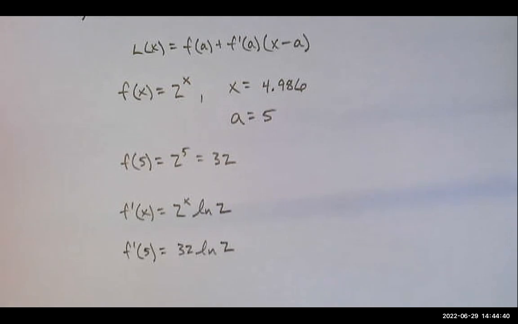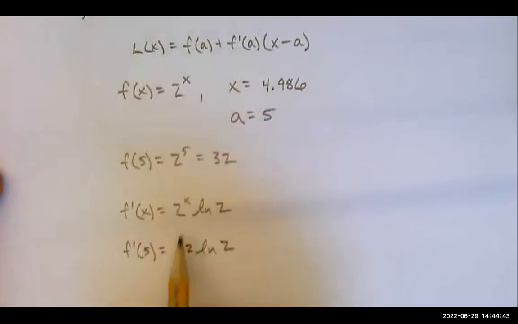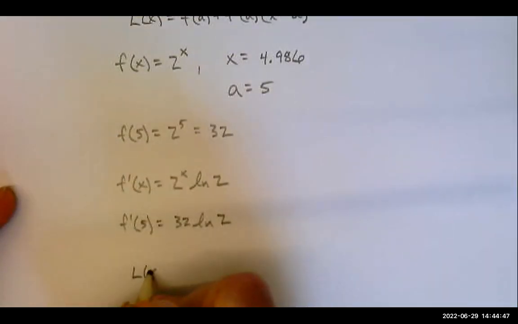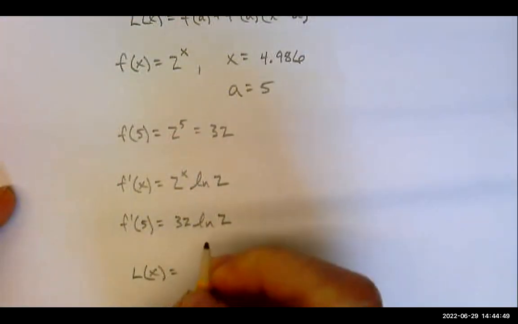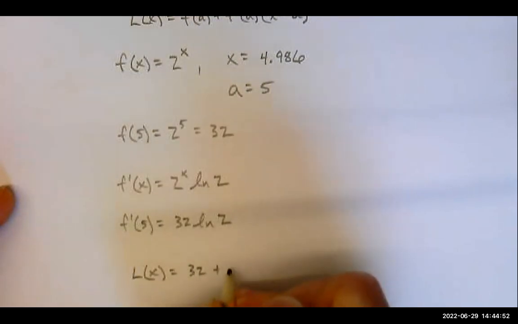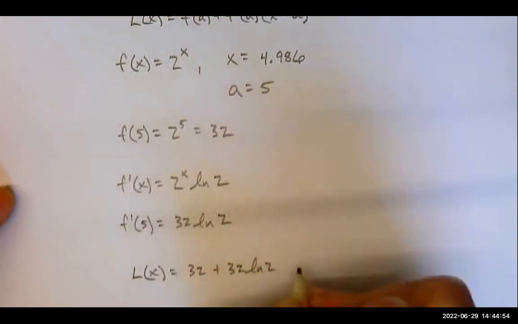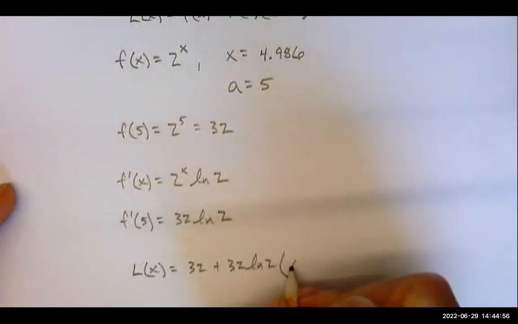Okay, looking good. I know f of 5, I know f prime 5. All right, so here L of x, our linearization, is 32 plus 32 natural log of 2 times x minus 5.